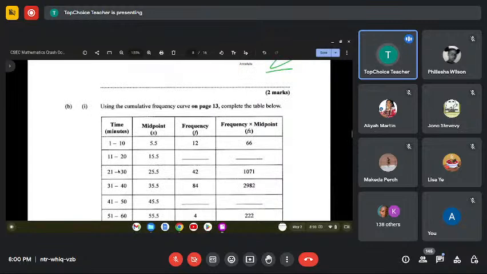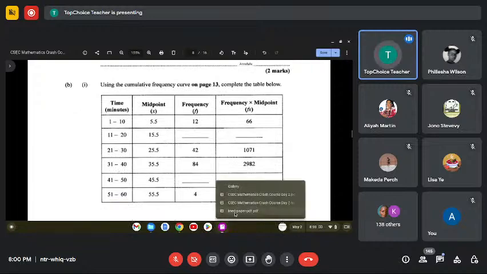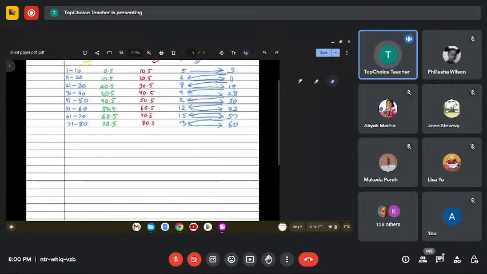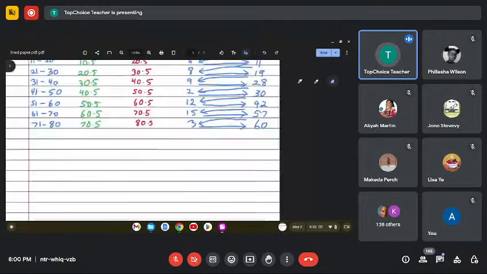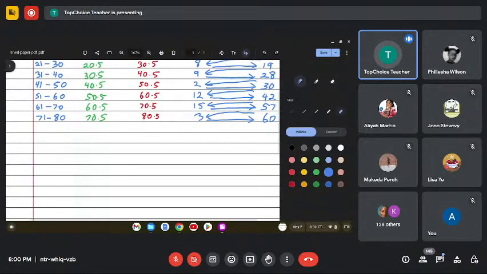That might sound confusing, so let me explain. If I wanted to plot this information as a cumulative frequency curve, I would have my axes like that. I would put my cumulative frequency on my y-axis.